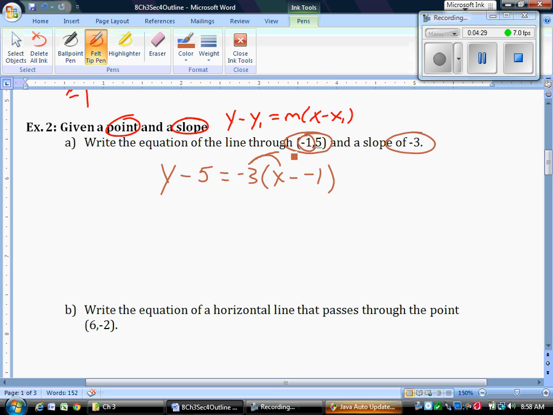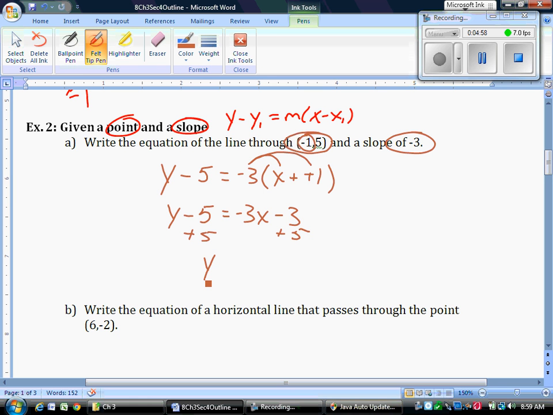We see the number outside, so I have to distribute using Magic Hat Pat. y minus 5 equals negative 3x. This becomes plus, so negative 3 times positive 1 is negative 3. Now we're getting our y by itself, so add 5. I cannot add 5 to the 3x because the 3x has an x and the 5 doesn't.